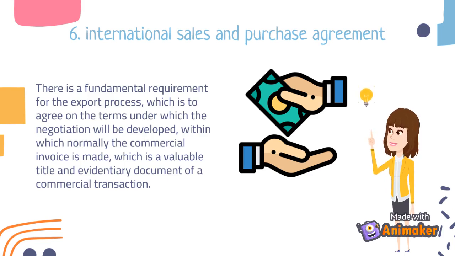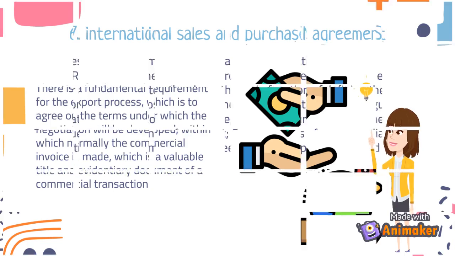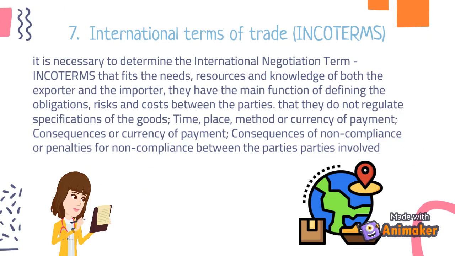There is a fundamental requirement for the export process, which is to agree on the terms under which the negotiation will be developed, within which normally the commercial invoice is mandatory, which is a valuable title and the evidentiary document of a commercial transaction.